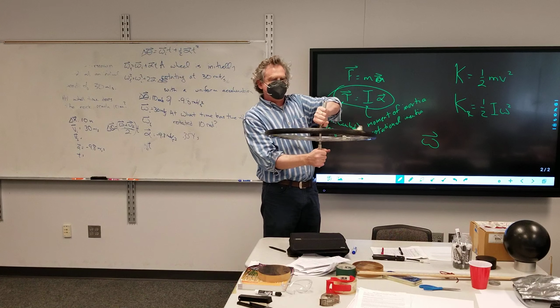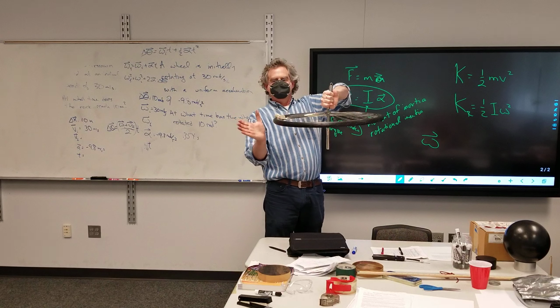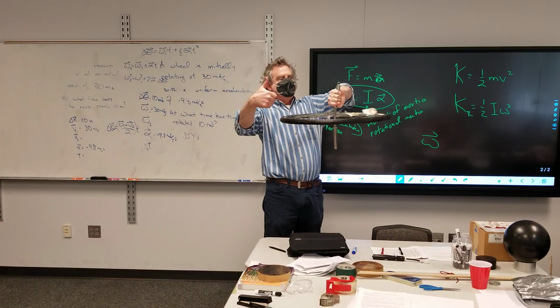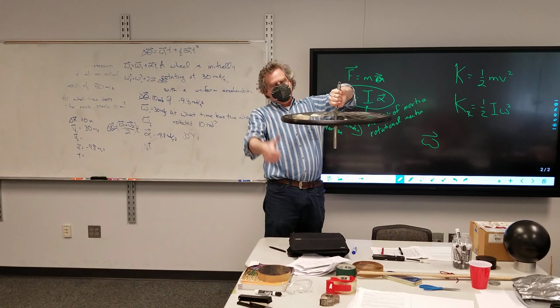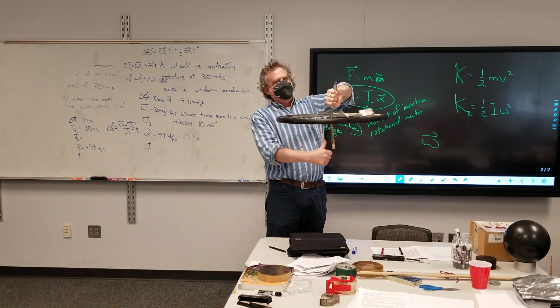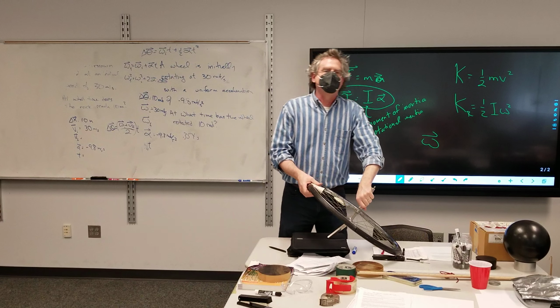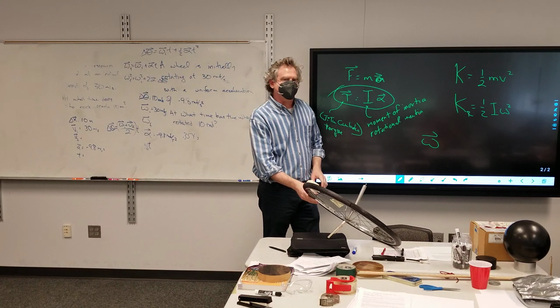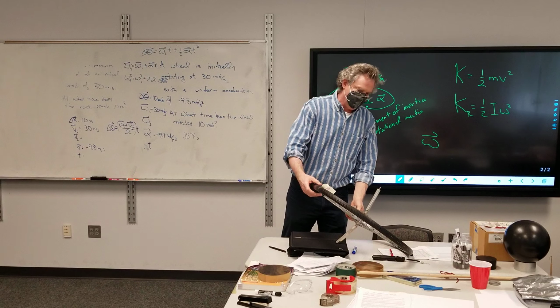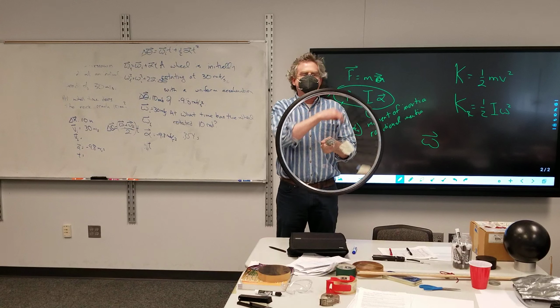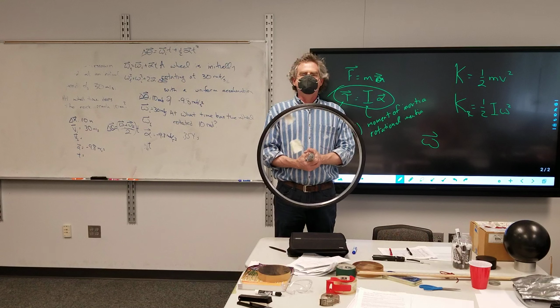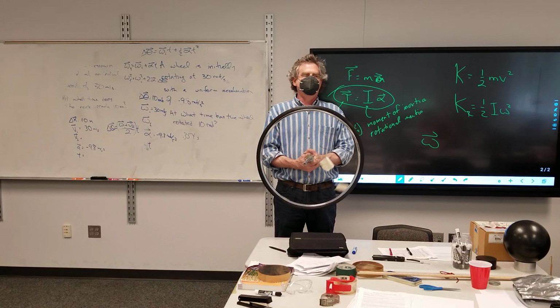If I turned it like this, my thumb would point up. Because again, my thumb in the direction of the axle is either up or down, and the wheel is spinning around like that. The thumb is pointing in the direction of the vector. So when it was spinning like this, the direction of the angular velocity is towards the front of the room.